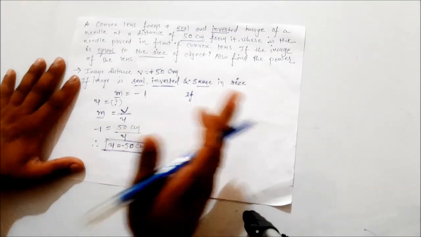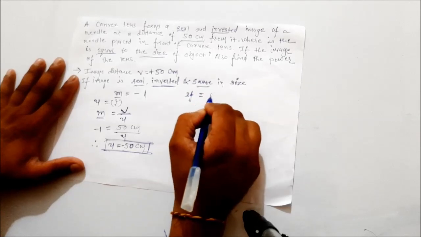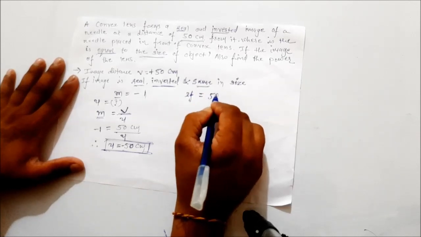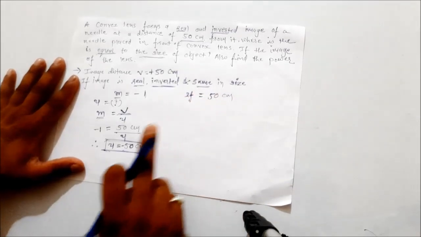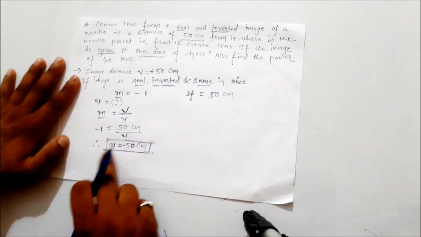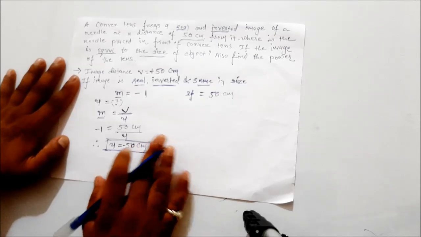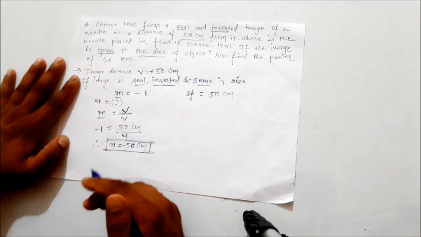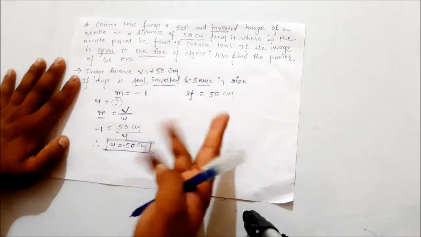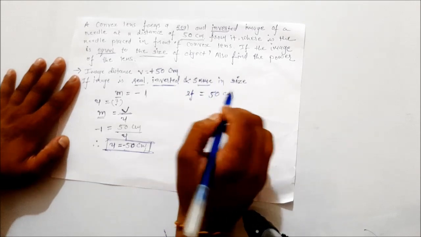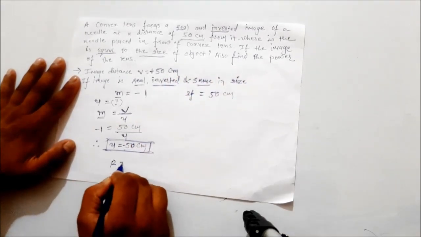So if twice f is the distance of 50 centimeter, we can also do this by applying the lens formula 1 upon v minus 1 upon u equal to 1 upon f. If you know the cases, then you know that the same size is only possible when the object is at r, and we know the relation r is equal to 2f.